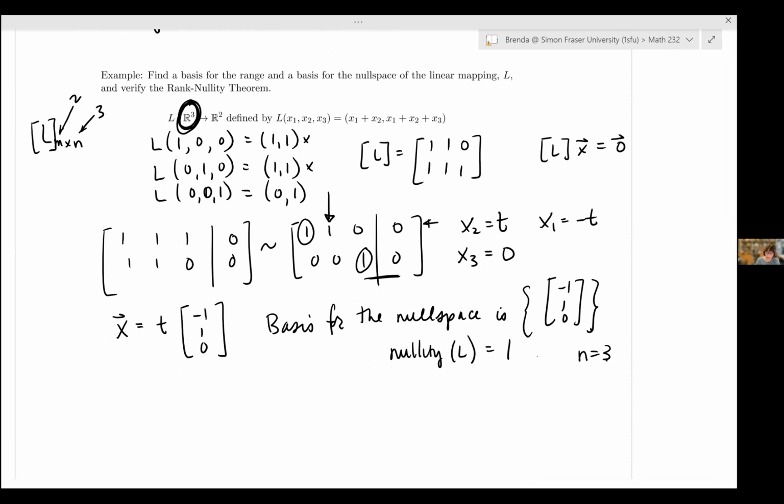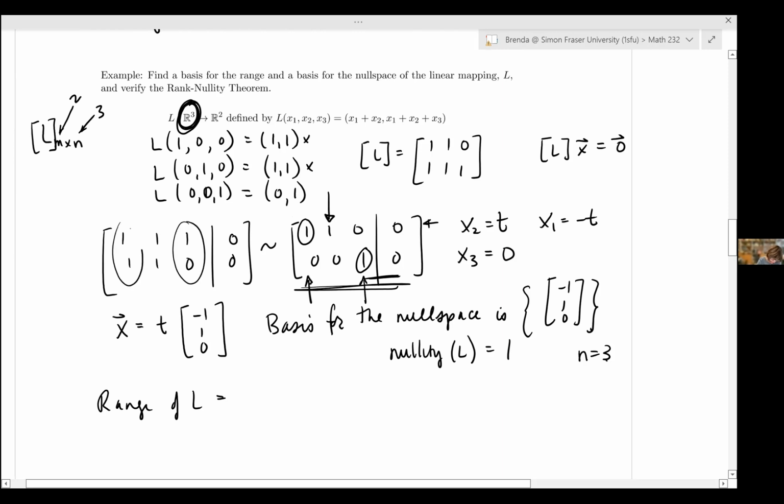By the Rank-Nullity theorem, we know that. But we're going to be verifying the Rank-Nullity theorem here, so we're going to go ahead and figure out what the range of L is. Well, we've already row reduced the matrix, and we can see that these are the 2 linearly independent columns. So the range of L is all linear combinations of those 2 columns.